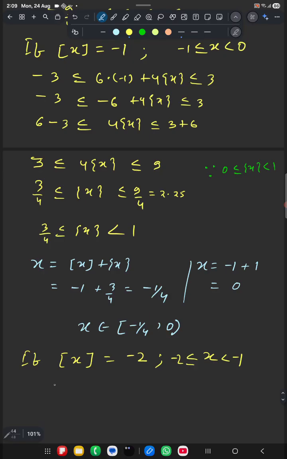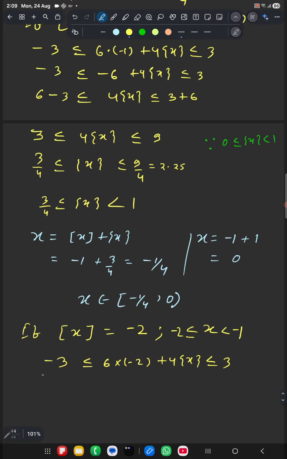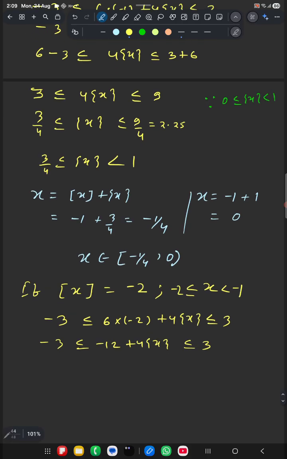So our inequality is minus 3 ≤ 6 × (minus 2) + 4 {x} ≤ 3. If you simplify, minus 12 plus 4 times the fractional part of x ≤ 3. So 12 plus 3 gives 9 on the left with 4 times the fractional part, and on the right 12 plus 3 is 15. So you will get 9 by 4 ≤ {x} ≤ 15 by 4.